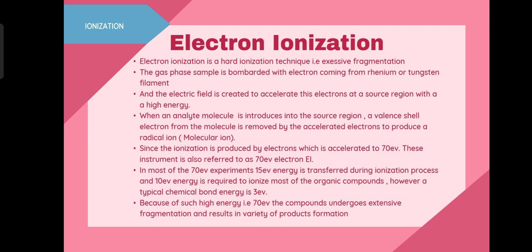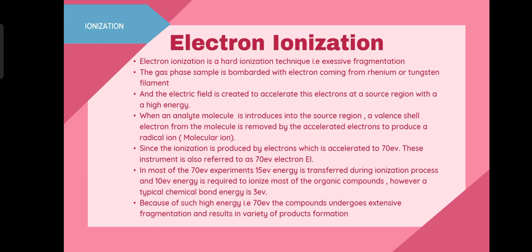We provide 70 electron volt electrons, but only 15 electron volt is actually transferred during ionization, and out of that only 10 electron volt is utilized by the organic compound to undergo ionization.